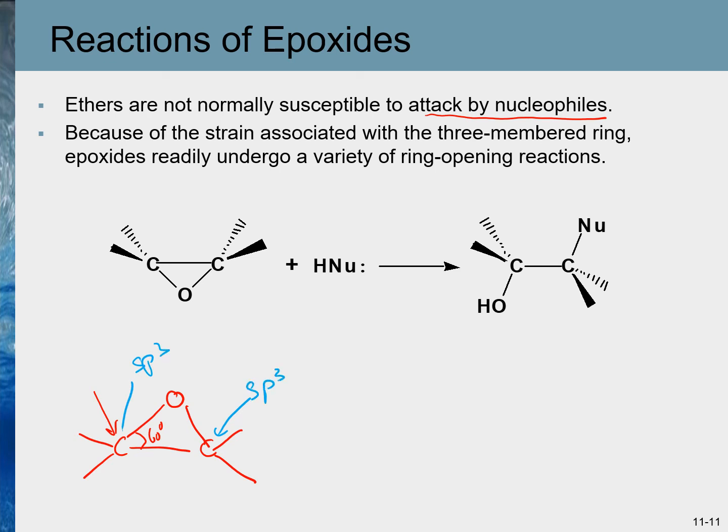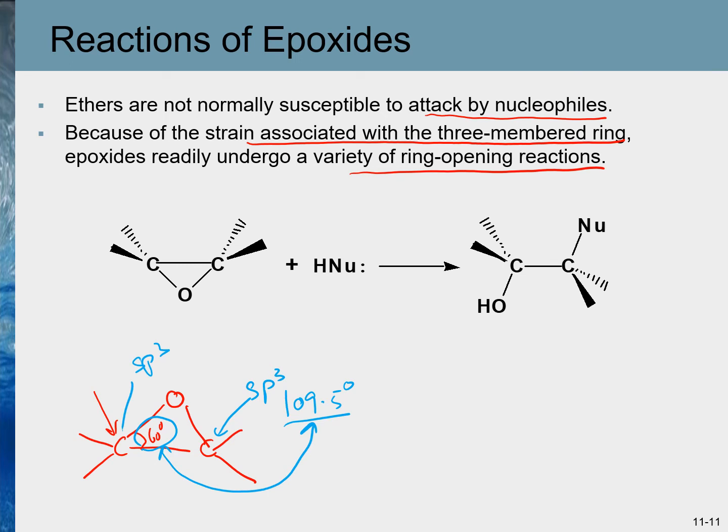And the ideal angle for sp3 hybridization is 109.5 degrees. Now we can see that there is a large difference in angle from the ideal value. Because of this enormous angle strain associated with the three-membered ring structure, these epoxides readily undergo a variety of ring opening reactions. Ring opening reactions take place to relieve this angle strain.